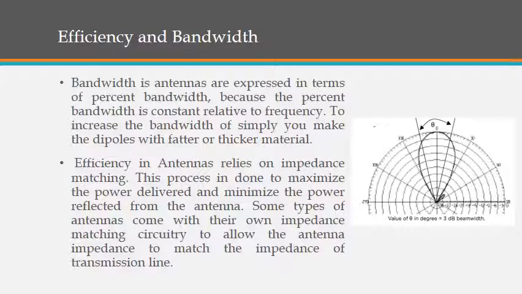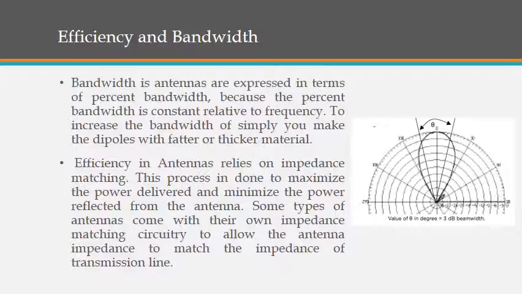your antenna is a load, right? So you want the load or antenna impedance to match the transmission line. Many types of antennas actually do come with their own impedance matching circuitry to allow the antenna's impedance to match the impedance of the transmission line.